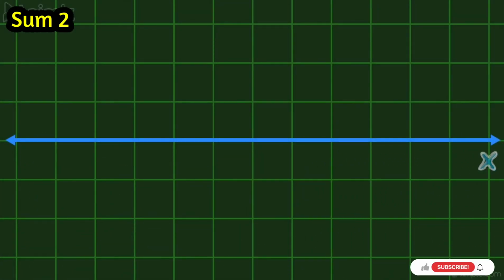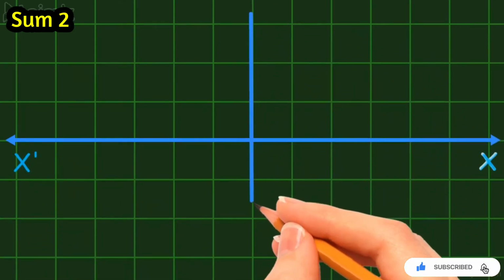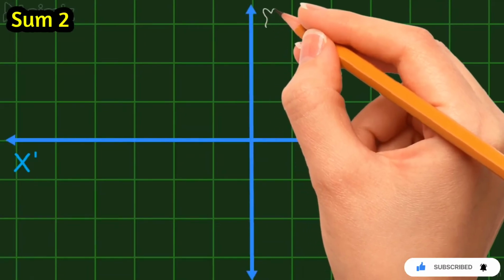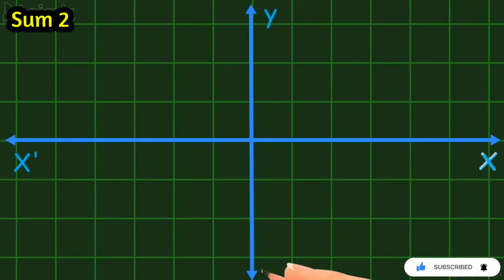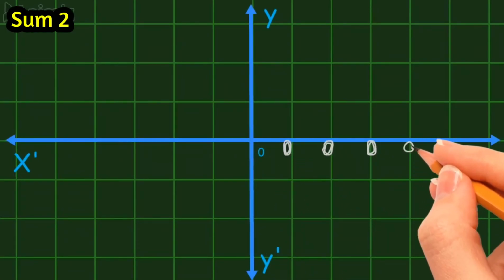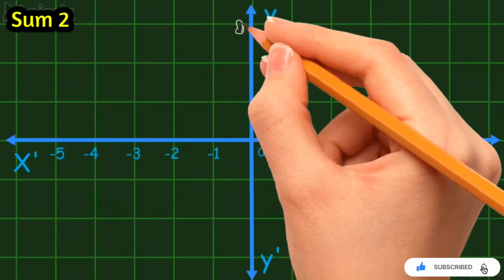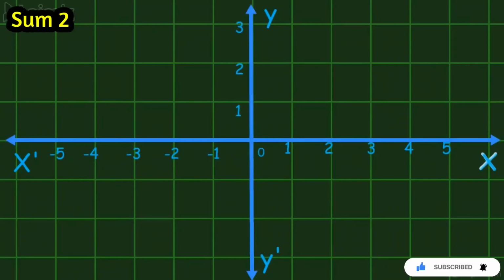Now same way you have to draw the coordinate axis, x-axis, y-axis. Write the coordinates on the right hand side of the x-axis. Then on the left hand side of the x-axis, above the x-axis, below the x-axis, on the y-axis.